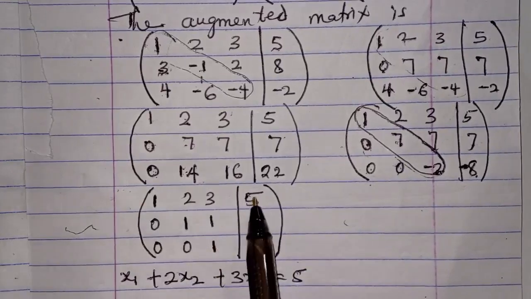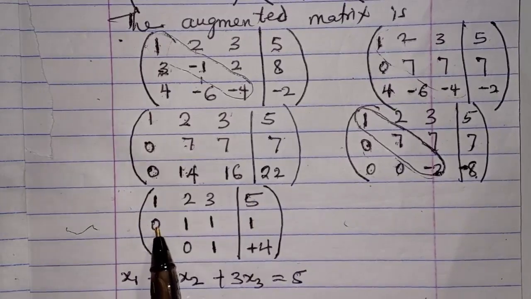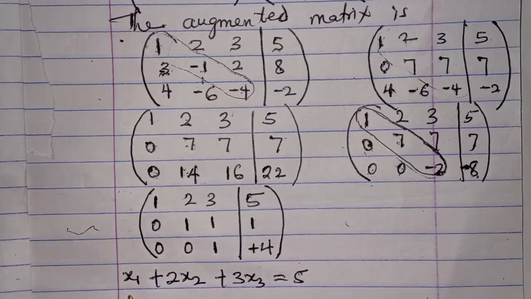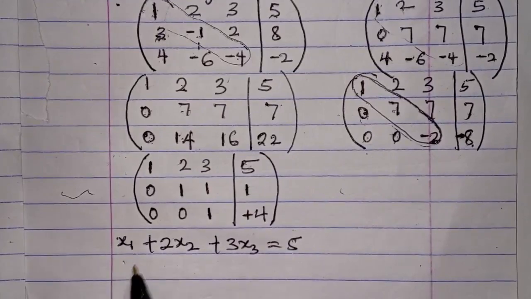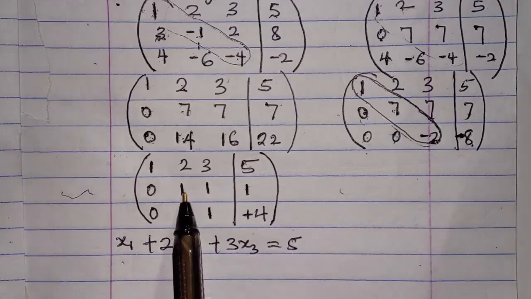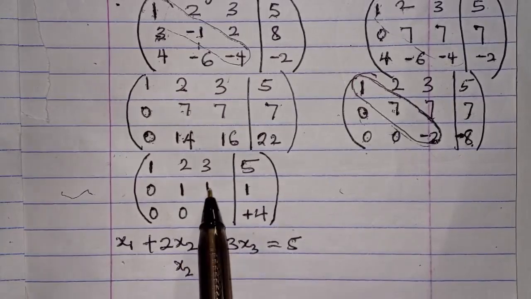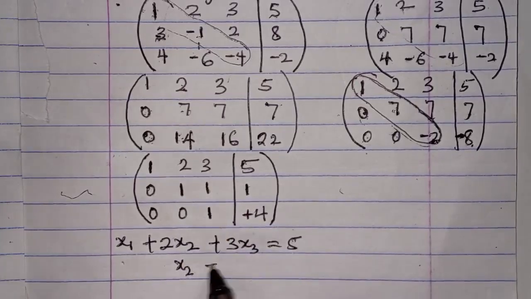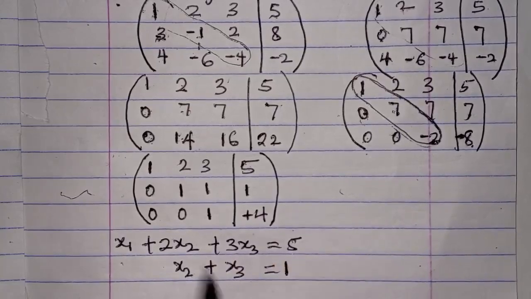That's what this is. Then for this, since this one is 0, it means that the coefficient of x1 here is 0, and that means it becomes 0. So there will be no x1 here. We now have 1x2, which is x2, plus 1x3, which is x3, equal to 1.